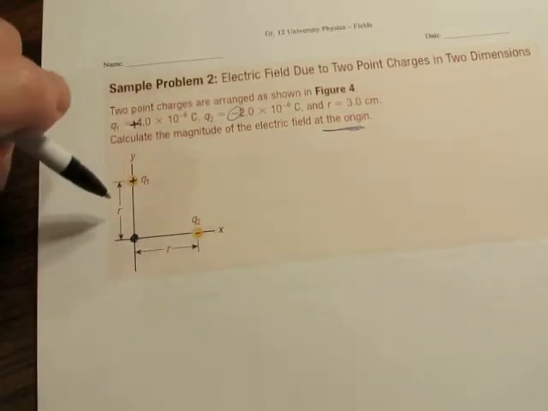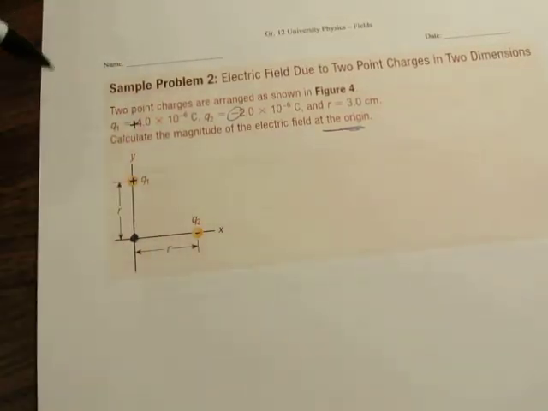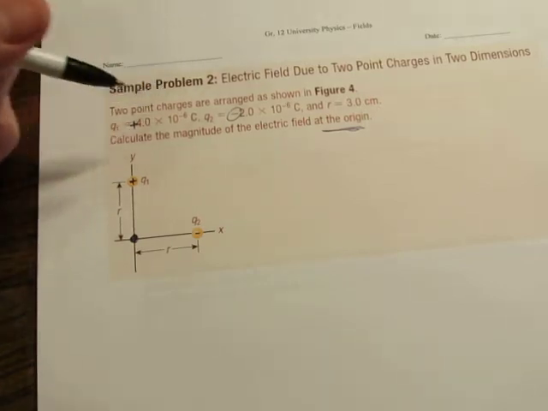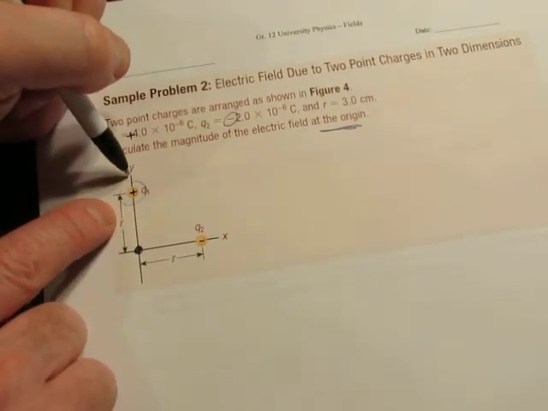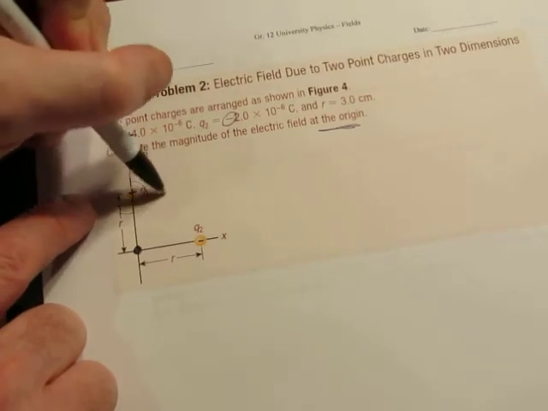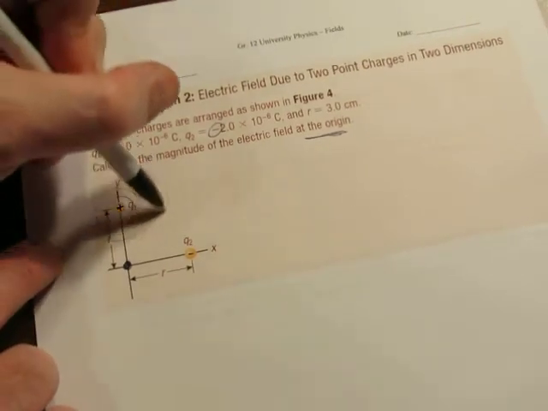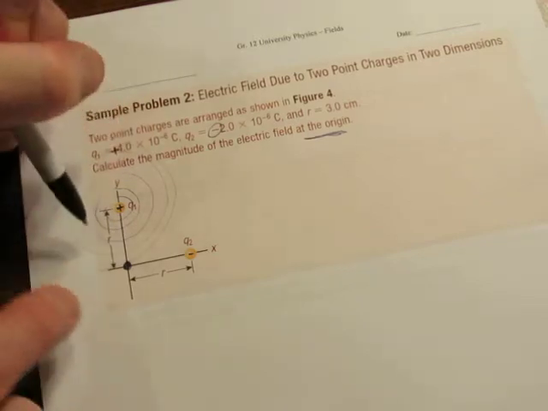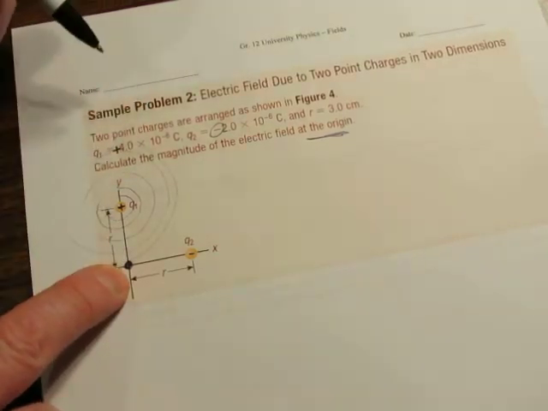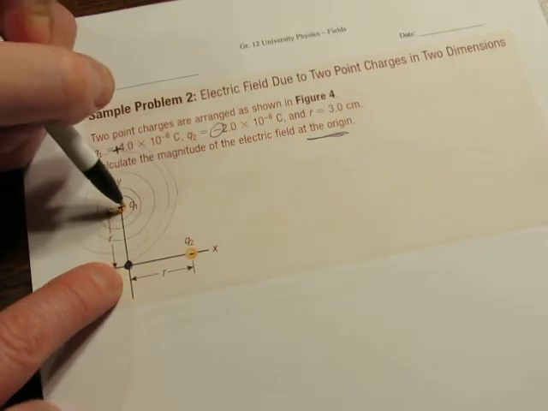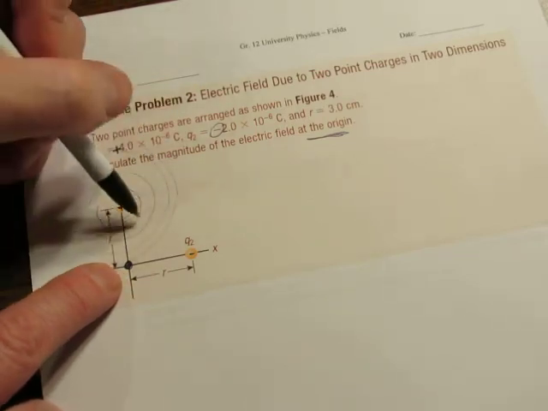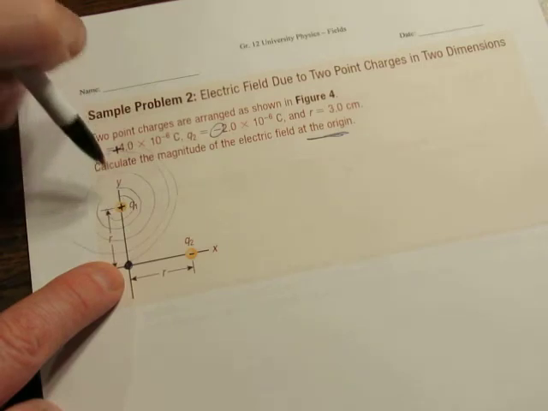And before even beginning the question, just think about how this works. So charge number 1 is going to create an electric field around it at all positions, no matter how far away you go. They want you to look at a distance that far away. It's a positive charge, so it will create an electric field, and we have to put some kind of a direction on the electric field.